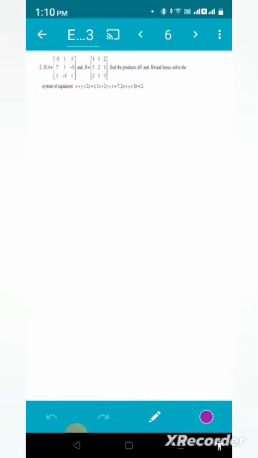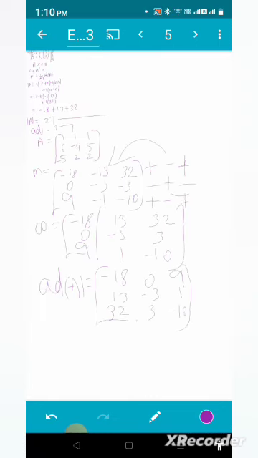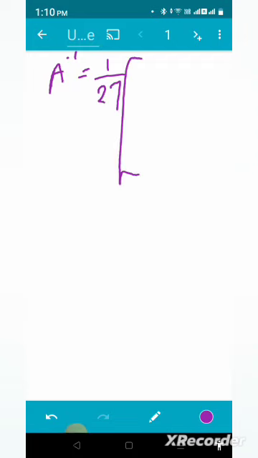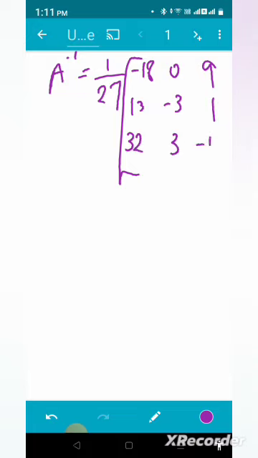A inverse is equal to 1 by the determinant of A, which is 27, into minus 18, 0, 9, 13, minus 3, 1. This is the adjoint value, I put the adjoint value here. Then we have to find X is equal to A inverse B formula.